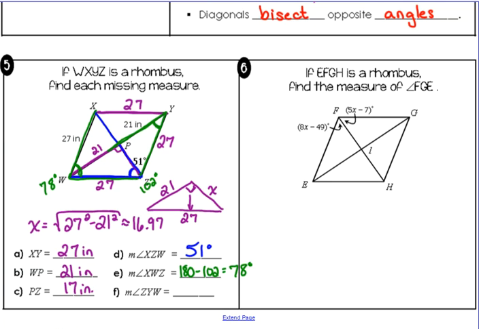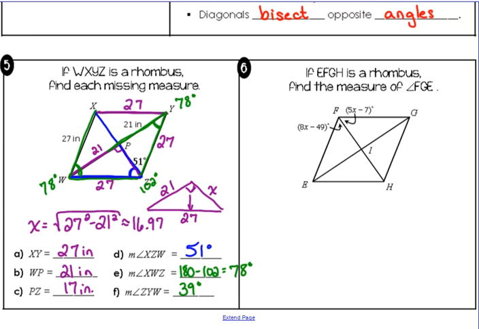So the whole angle at Y is also 78 degrees, but we just want the half of it. So 39. There are other ways that you could have found that. You could have used consecutive angles here as well. So sometimes there's more than one way to get to the answer, but I think that was the easiest one there.